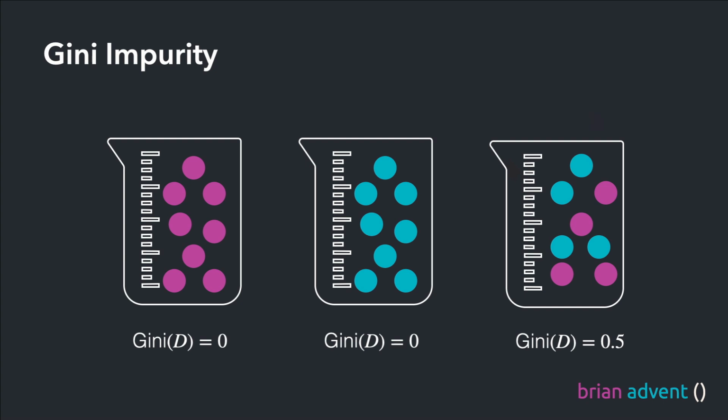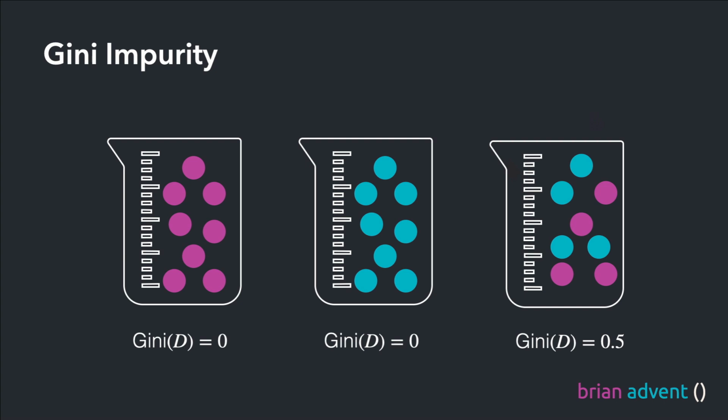In non-mathematical terms, think of the Gini impurity as a way to measure messiness in your data. If every item in your data set is in its correct group, like in this visualization, like all purple circles are in one glass and all blue ones are in another, then the Gini impurity is 0.